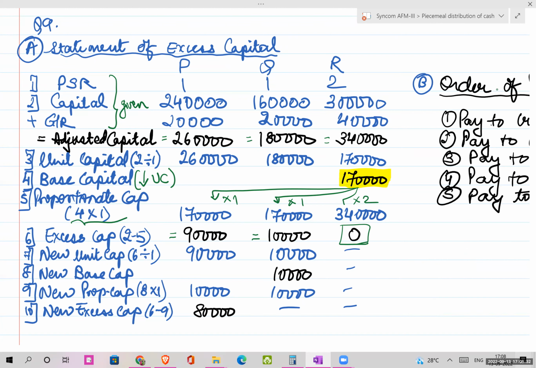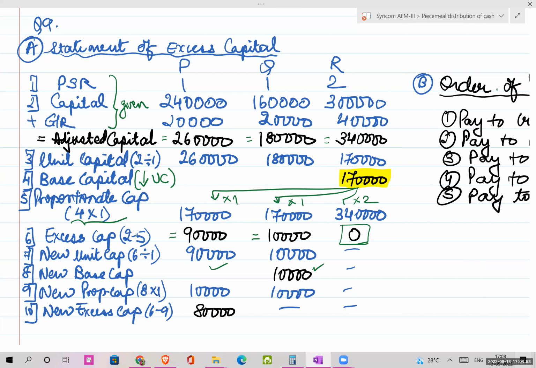ठीक है, now new unit capital. What is unit capital? It is capital divided by PSR. तो अभी मेरा कैपिटल कितना है? 90,000 divided by 1, my answer is 90,000. 10,000 divided by 1, my answer is 10,000. और ये तो चला गया, 0 हो गया.